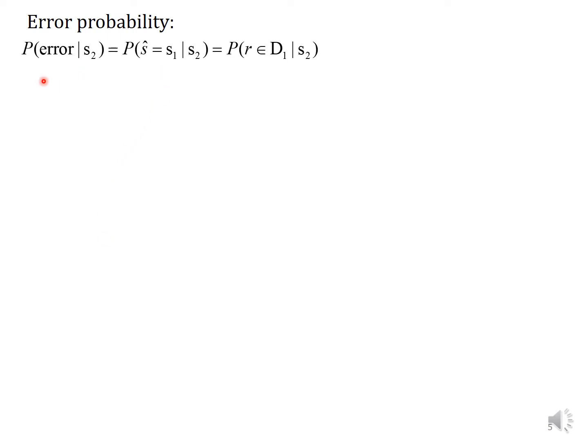So let's see the error probability. Say S2 was sent, and there is an error. That means the estimate is S1, however S2 was sent. That would be the error case when S2 was sent.